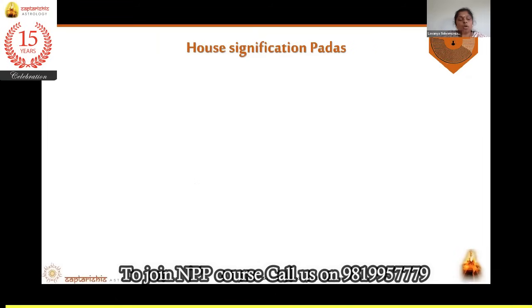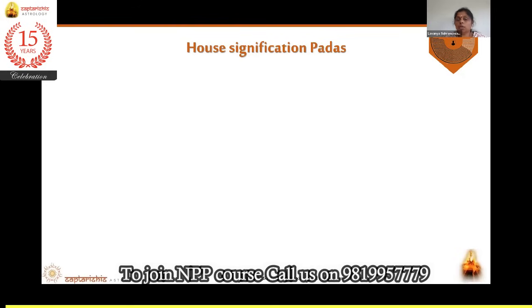Now we talk about house signification padas. That means each Rashi has 9 padas, right? Not all the 9 padas will signify the characteristics of each house. Some padas will have higher influence and some padas will not even influence the house.